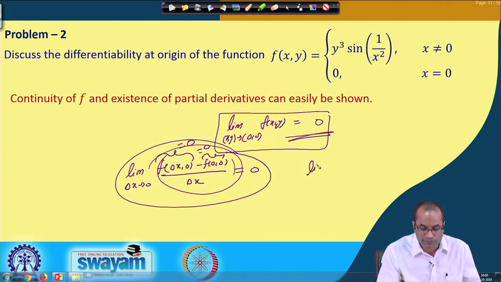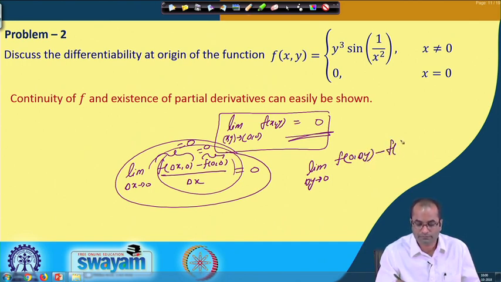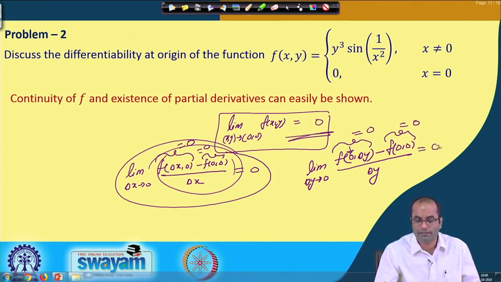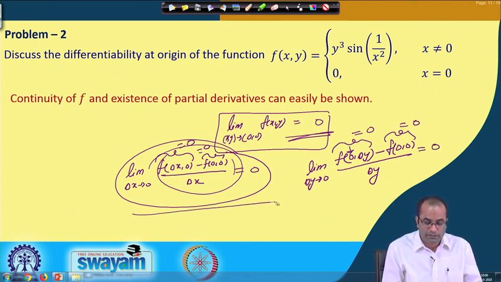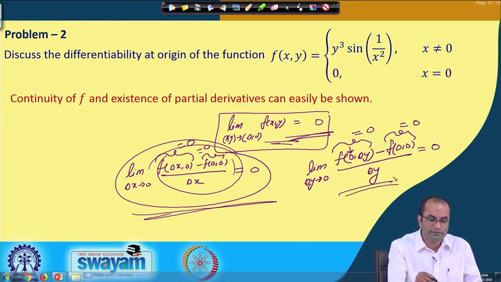For that we consider delta y goes to 0 and f(0, delta y) minus f(0,0) and then divided by delta y. So, since x is 0, the value of this function is again 0, and here also the value of this function is 0. So, we have again 0. So, the continuity of the function and the existence of the partial derivatives we have seen, it is easy now.